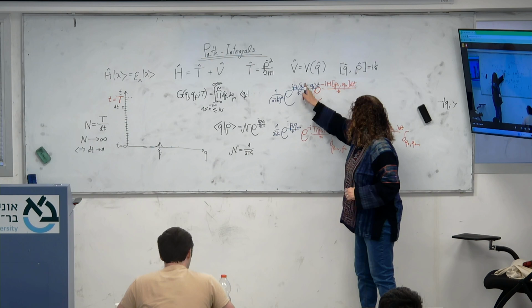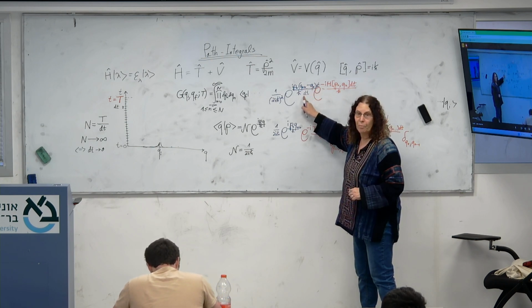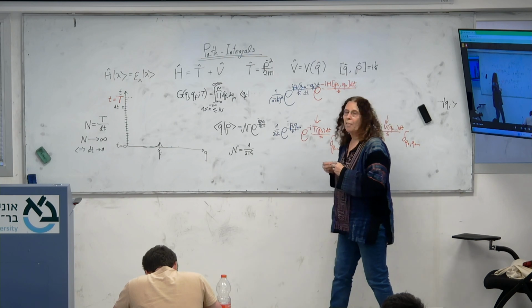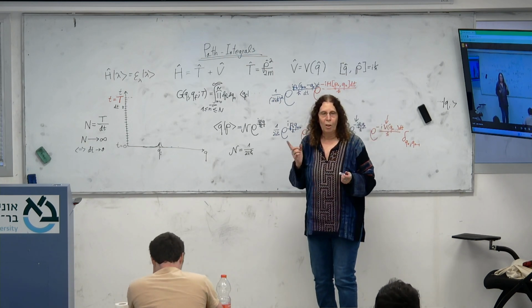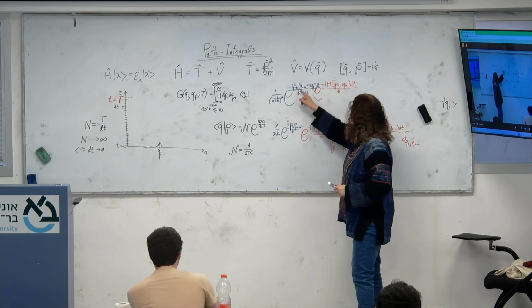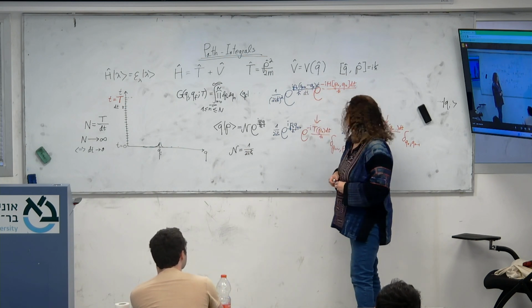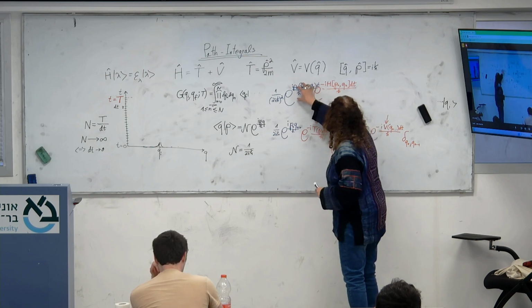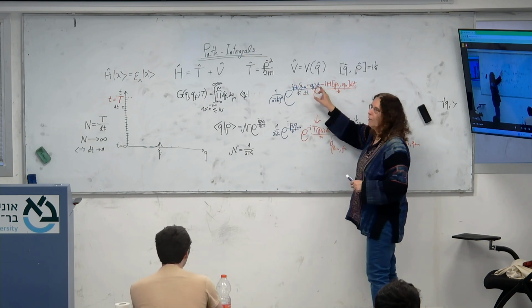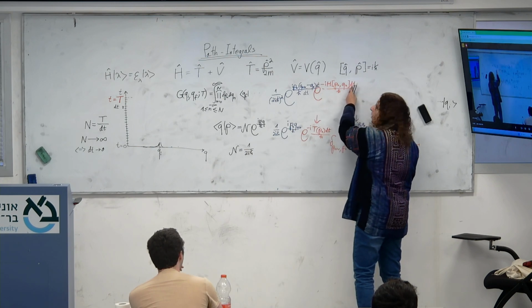So now (Q_{n+1} minus Q_n) over dt is nothing but, in the limit that dt goes to 0, which is where we are heading, the derivative of q with respect to time, and the whole thing will be multiplied by dt, which is also what we have here.